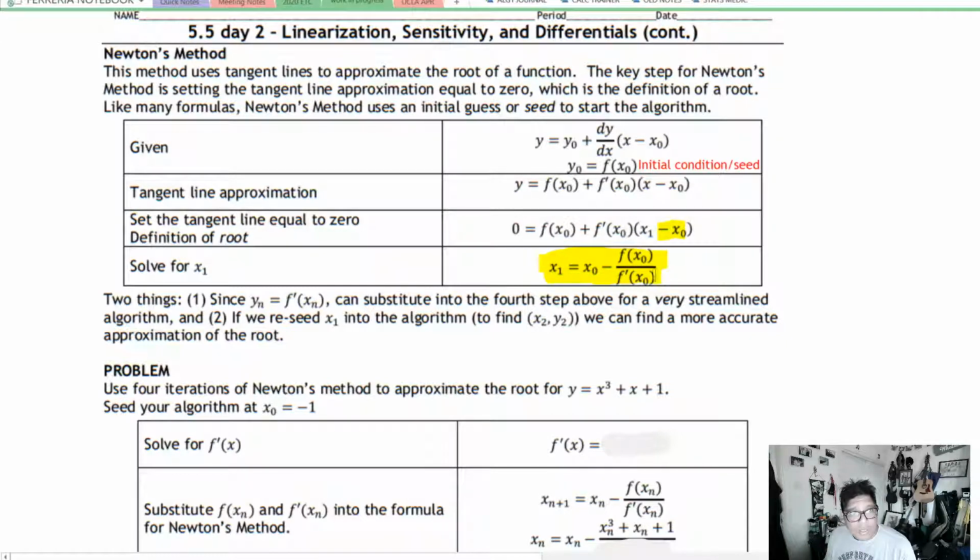x1 is going to be equal to x naught minus f of x naught over f prime of x naught. So, two things.